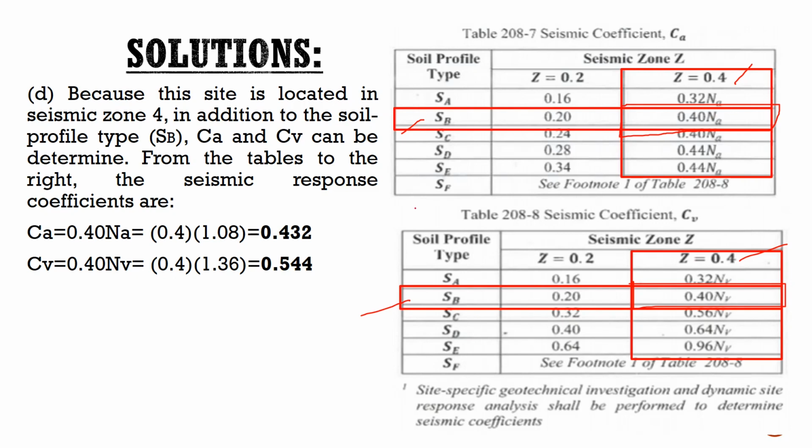We have these values, guys, for NA and NV from earlier: NA is 1.08 and NV is 1.36. So just substitute them into the equations from the table. Therefore the values are CA is 0.432 and CV is 0.544.